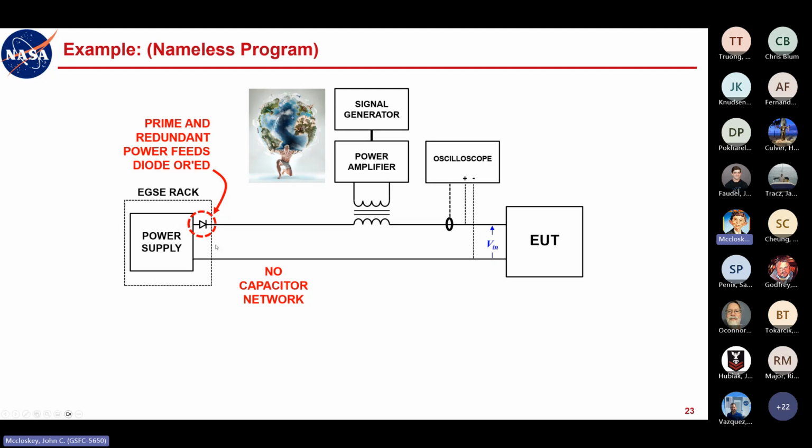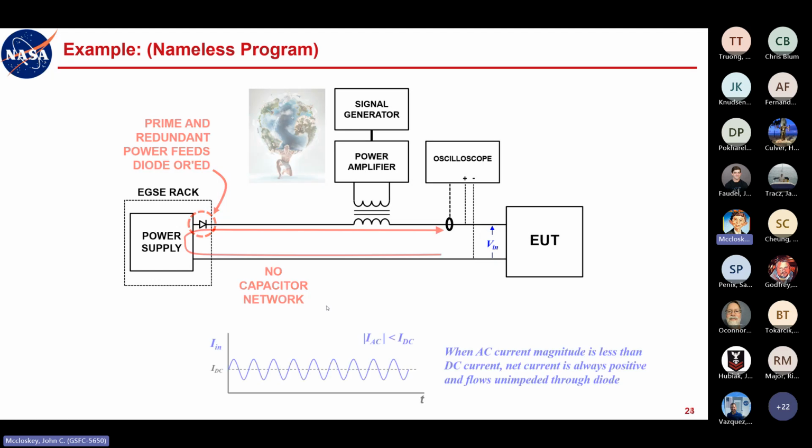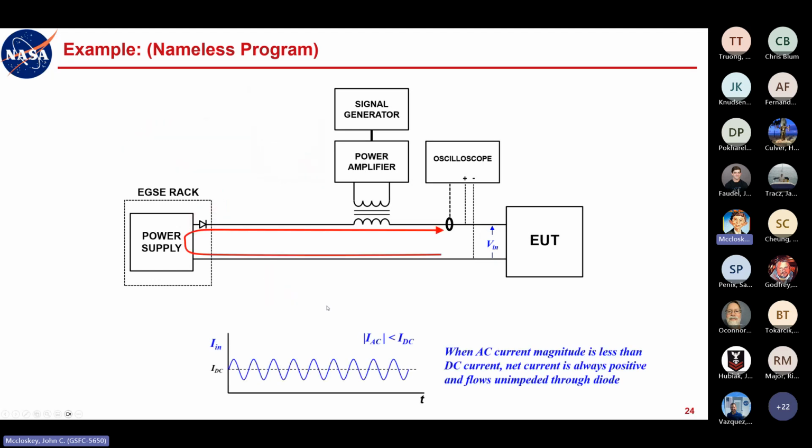So there's no capacitor network here. And so when you're injecting your waveform, the key here was to look at this in terms of current. It was a little bit mysterious when we were just looking at voltage. When we looked in terms of current, that's where everything made sense.